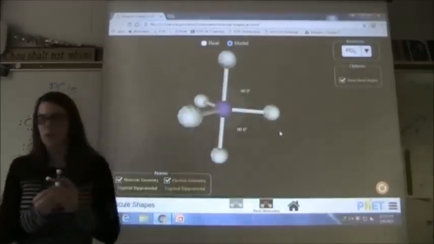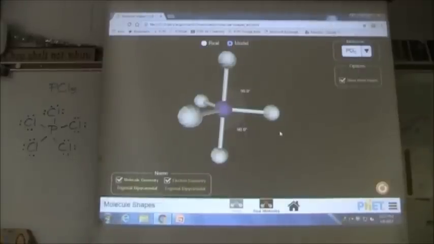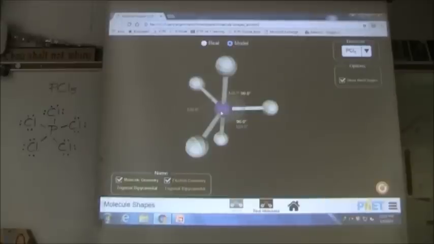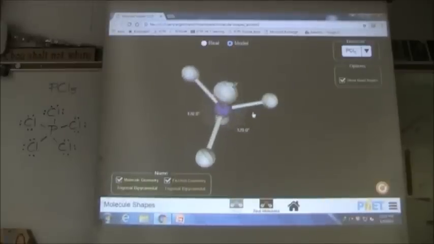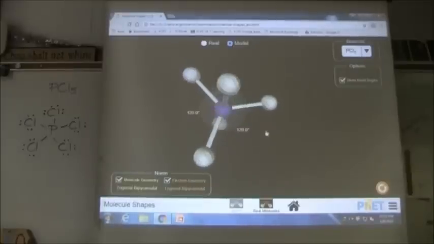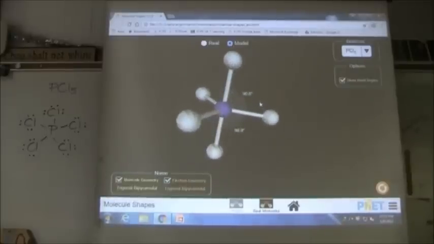Let me rotate this so you can see it. On its side, can you see just this part here? That's like trigonal planar. So we've got a completely vertical part, and then you have a trigonal planar center.